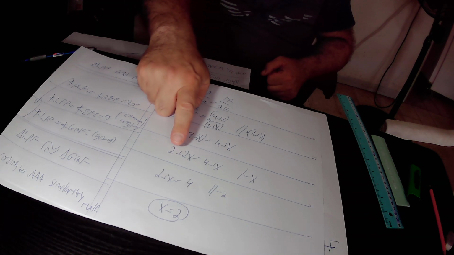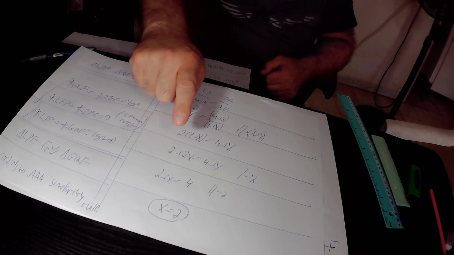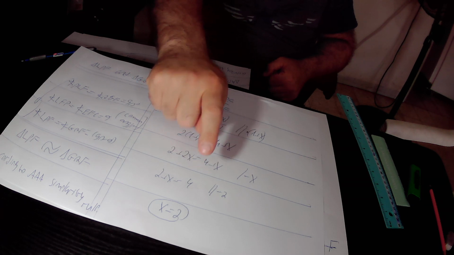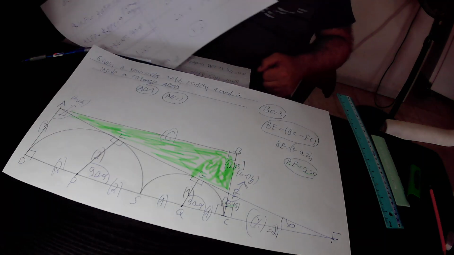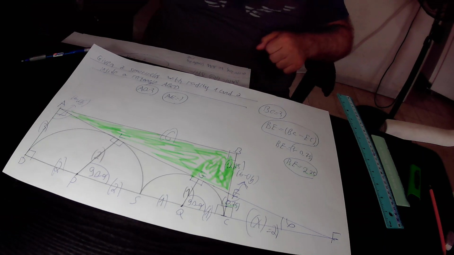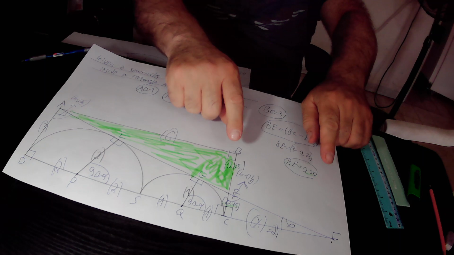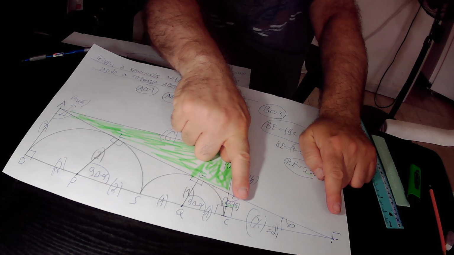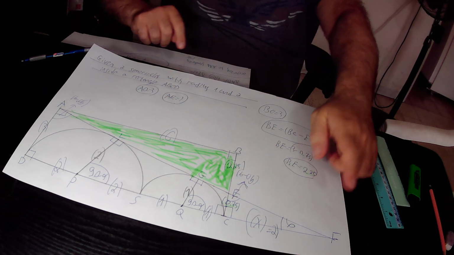So x plus 2 equals 4, here we subtract 2 from the equation, and finally find out that x equals 4 minus 2, that is 2. So here, this is CF, that is equal to x, that is equal to 2.